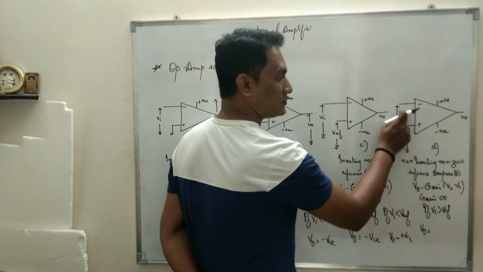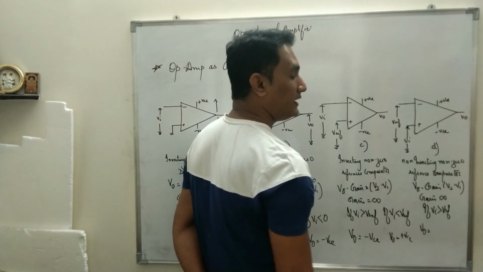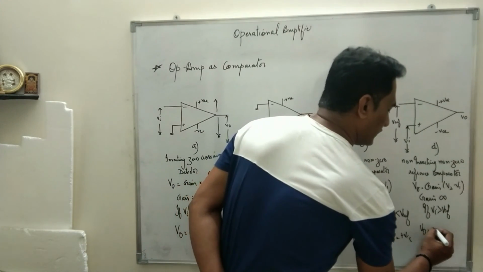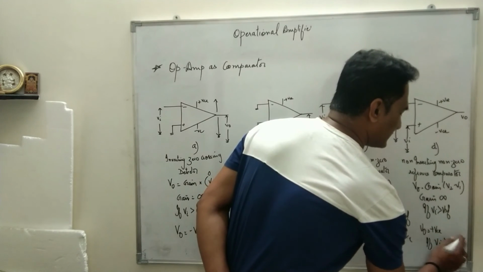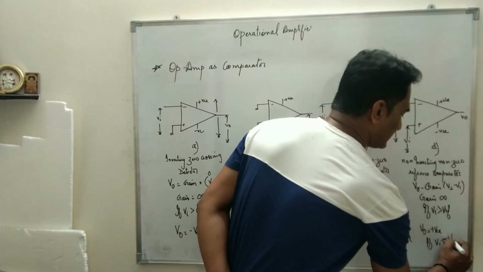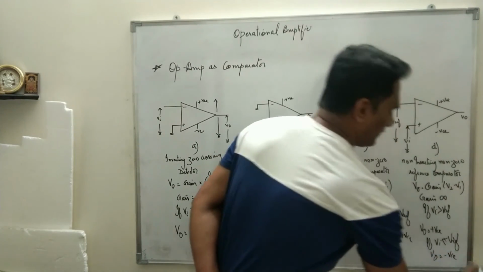So the difference between these two will be positive, therefore V0 will be plus VCC, and if Vi is less than V reference, V0 will be minus VCC.